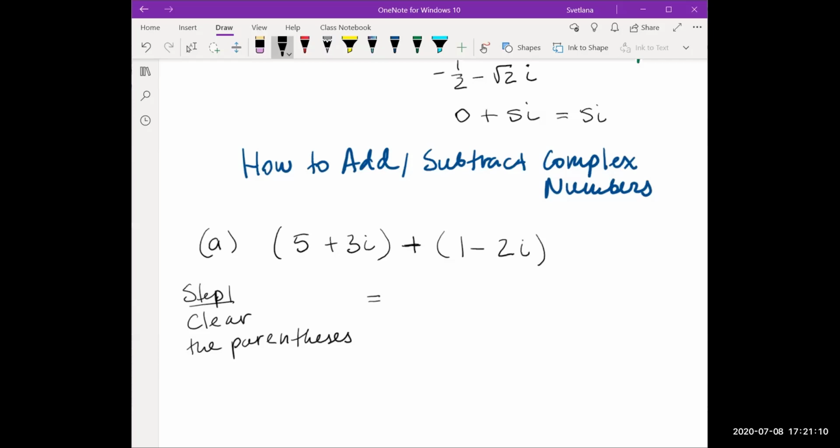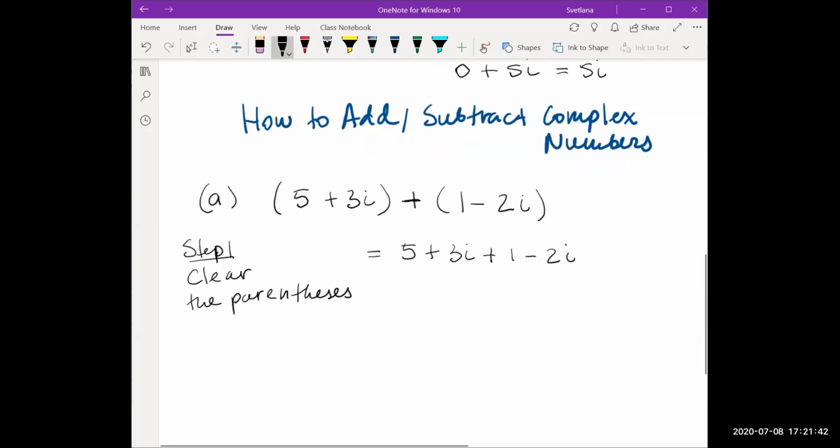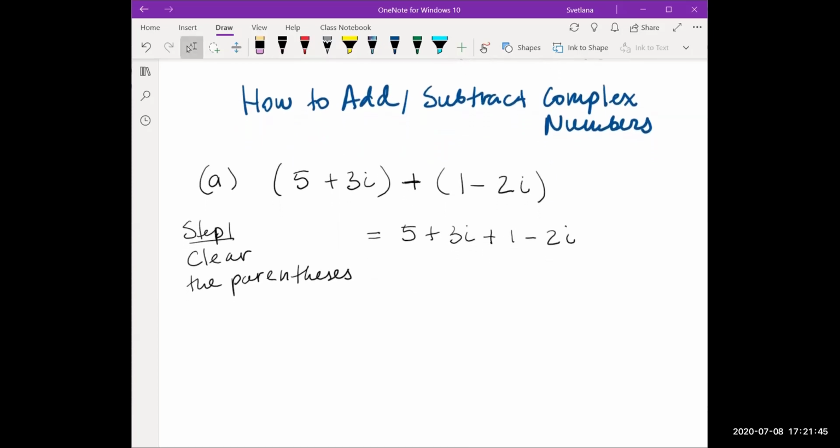For example, there's nothing in front of the first set of parentheses, so I can just remove them and nothing changes. In front of the second set, I don't have any number, and I have a plus sign, since I'm adding. That means I can simply drop the parentheses without changing anything. So it's going to be plus 1 minus 2i. When it's addition, it's super easy: remove the parentheses with no changes.